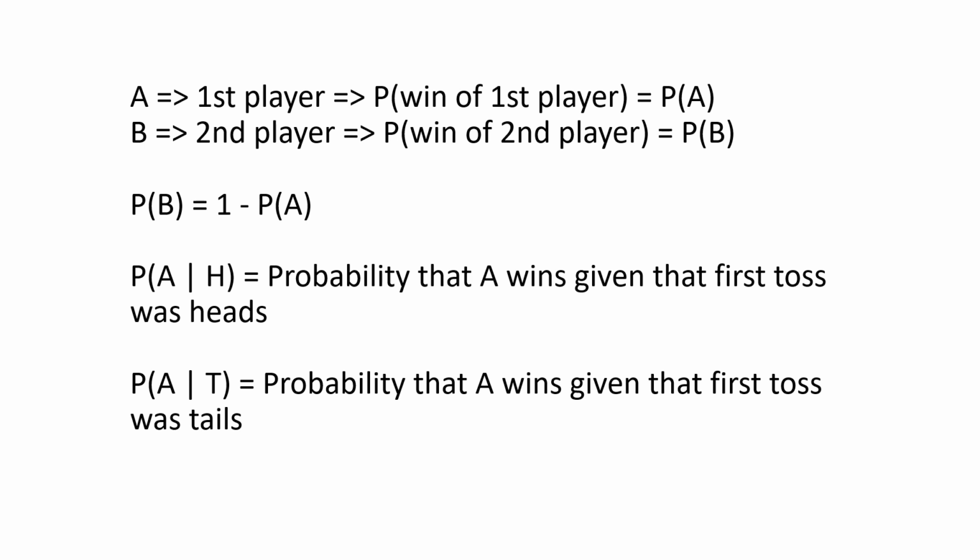Now coming to our original problem, A is the first player, B is the second player. Probability of win of the first player is PA, probability of win of the second player is PB, and PB equals 1 minus PA.